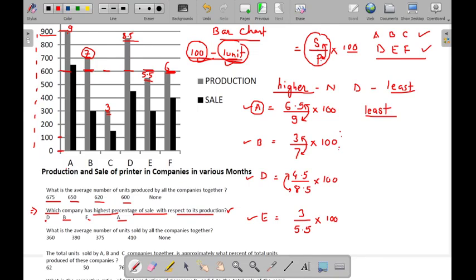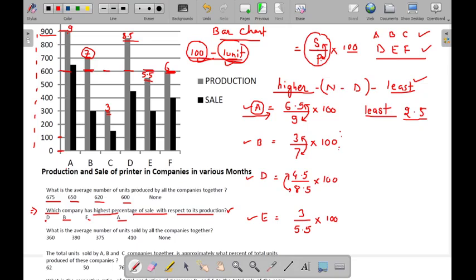When we talk about any fraction, the fraction will be greater only when the difference between the numerator and denominator is the least. Here in company A, the difference between the numerator and denominator is 2.5.